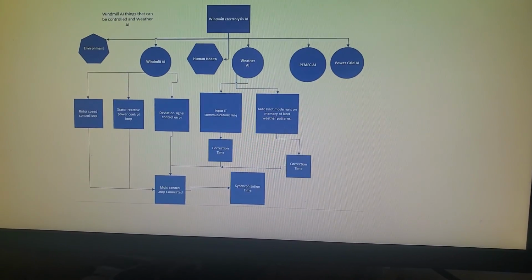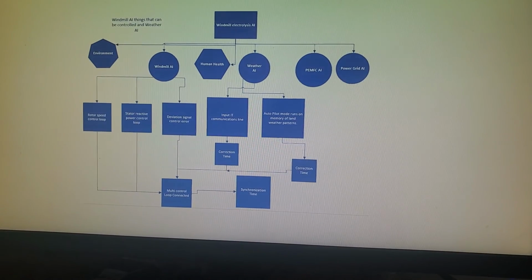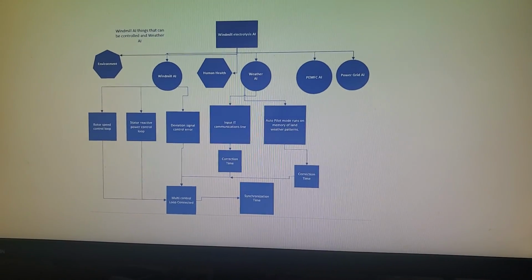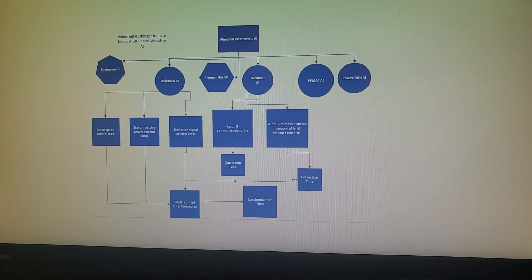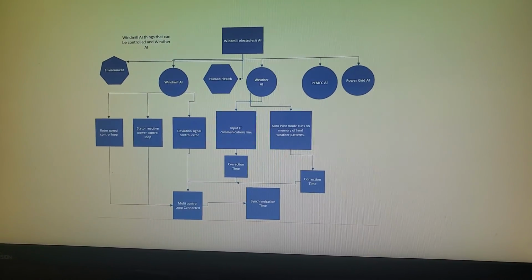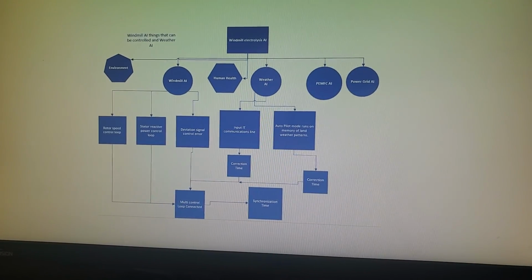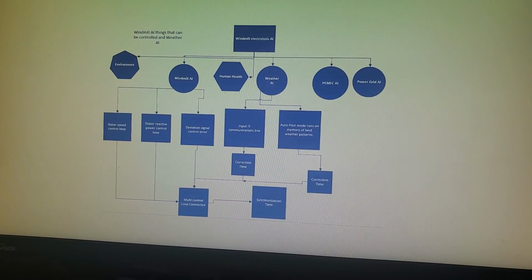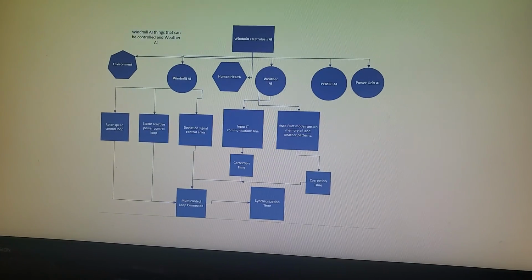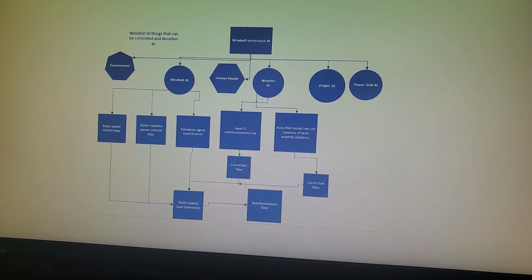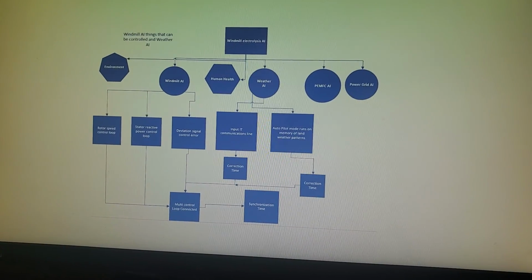And these two systems basically work together to help get the correction time and keep track of the different information that's needed to make a good weather AI system, and just kind of pairing that up with the windmill for best results is kind of what this flowchart is supposed to open us up to.